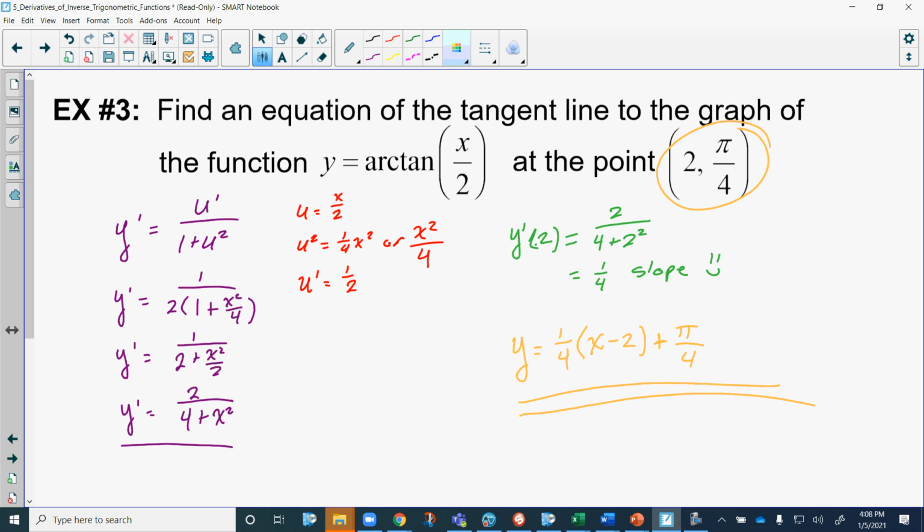And there's the final answer of writing the equation of a tangent line to the given function. So again, process-wise, not anything new to a calculus student at this point in their instruction. Now we're just doing it with the derivative of inverse tangent or inverse trig functions.